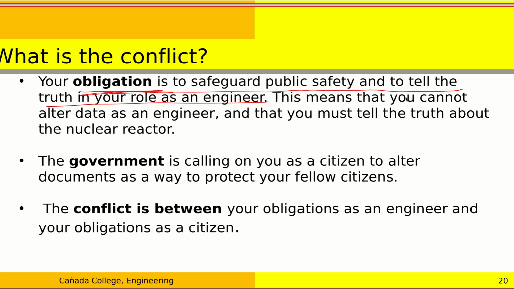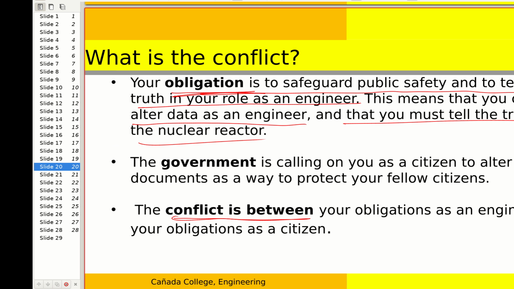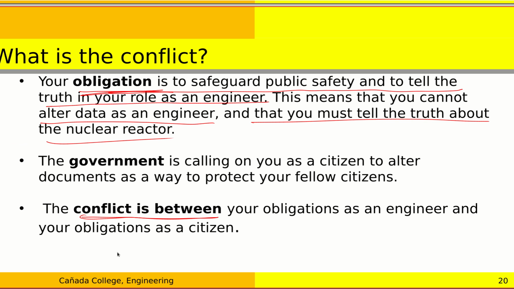And so you cannot change the data that modifies the report to suit the convenience of your employers or the government, and you have to tell the truth. And so the conflict that you have come to is between your obligations as an engineer versus your obligations as a citizen.